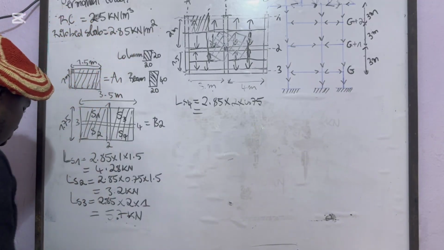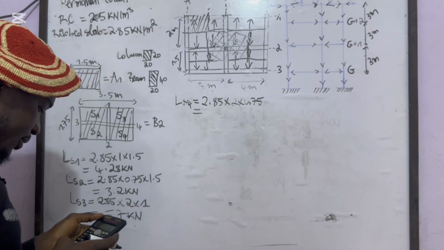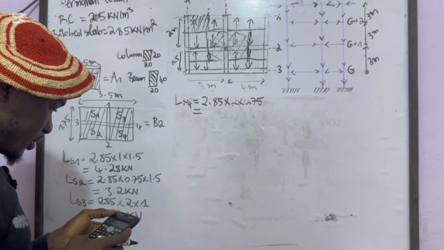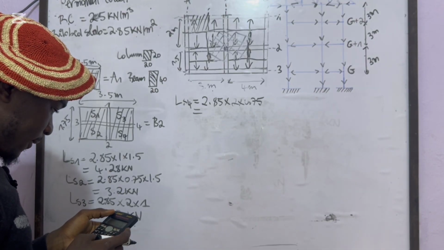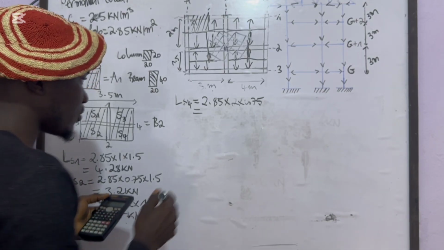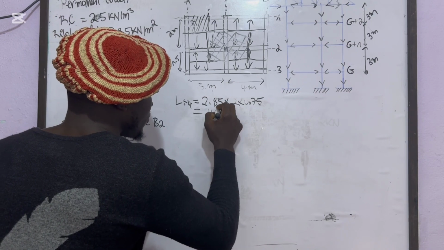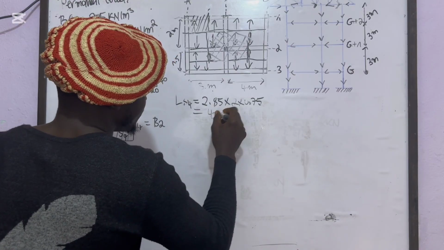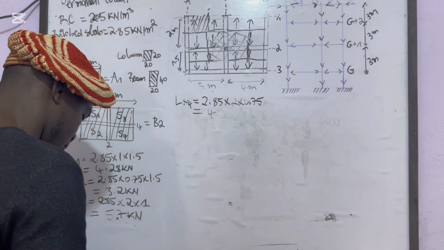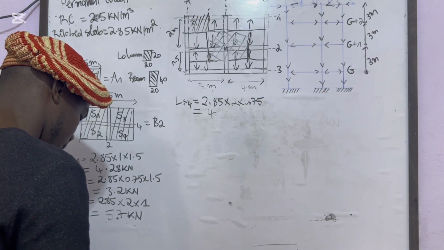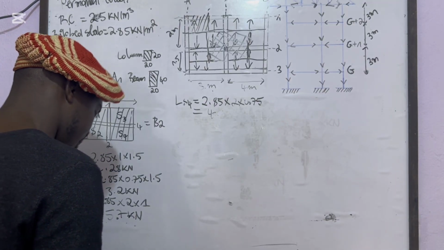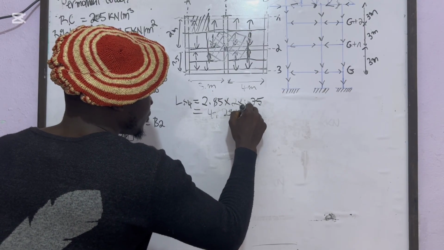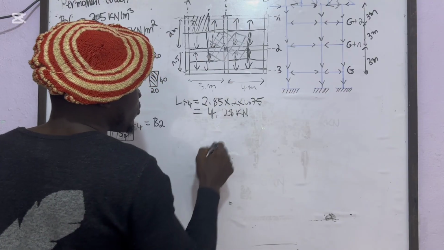So 2.85 times 2 times 0.75 will give us 4.27. We can round it up to 4.28 kilonewton.